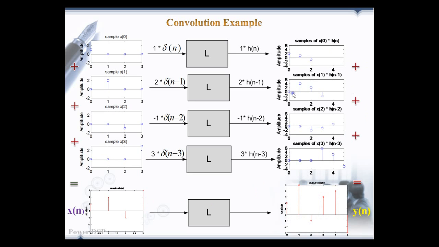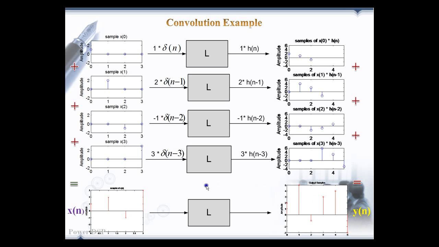Superposition principle: if x1 produces the output y1, x2 produces the output y2, x3 produces the output y3, x4 produces the output y4, then x1 plus x2 plus x3 plus x4, which is x of n, must produce the output y1 plus y2 plus y3 plus y4. This is equal to y of n, that is the output.